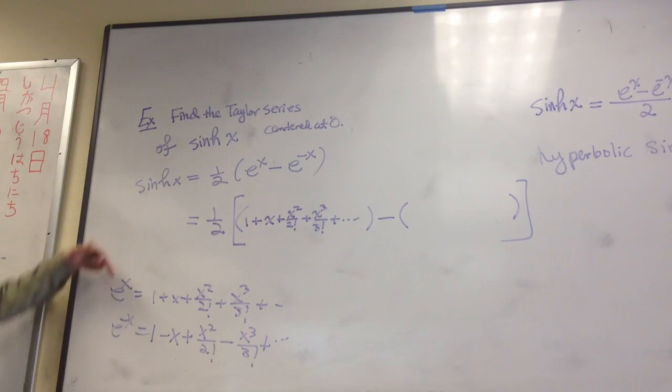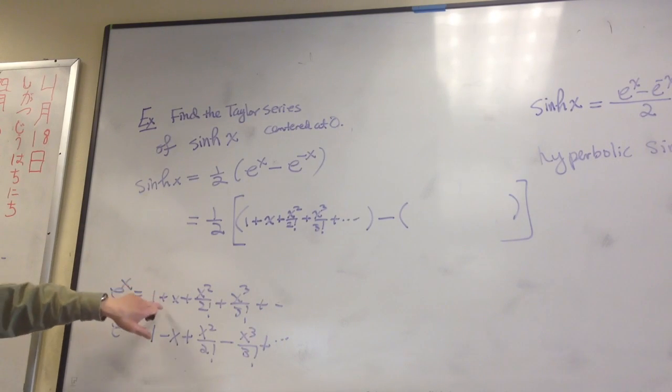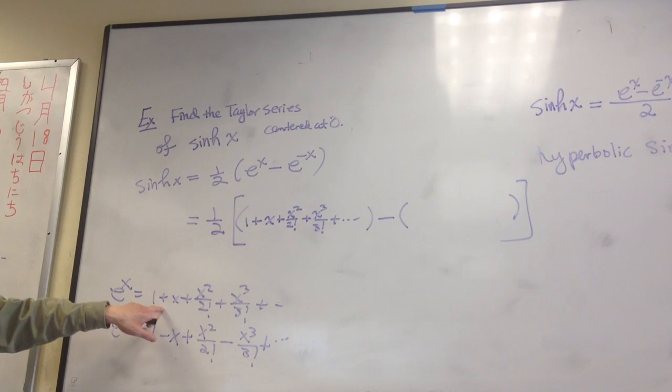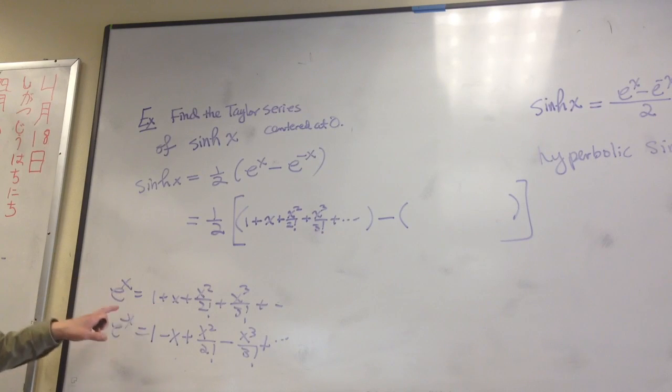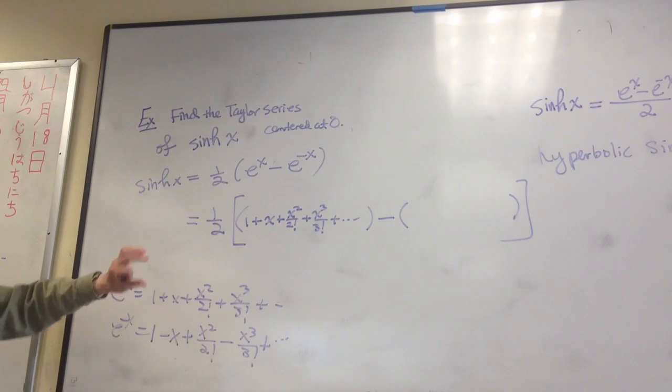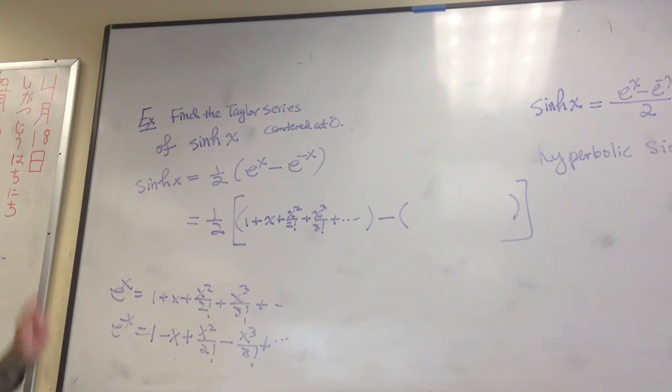I mean, this works for all x. Remember, this one works for all x. Right? And so whatever x stands for, negative x is a number. So supposedly plug it in, it should work. Everywhere you see x is replaced by negative x, left and right.